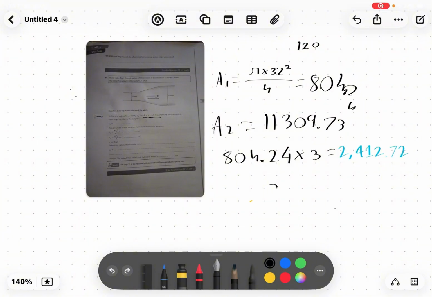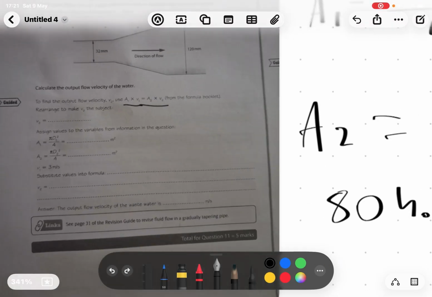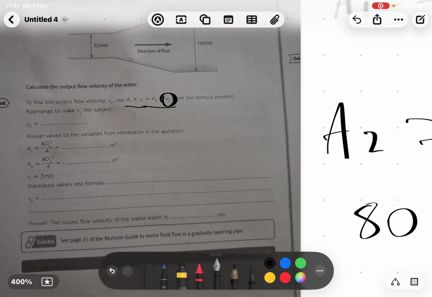So look, this is the formula, right? And we just need V2 on its own because we're looking for the velocity for the second one. So we move this here. It's a times, so this is divided by the A2.